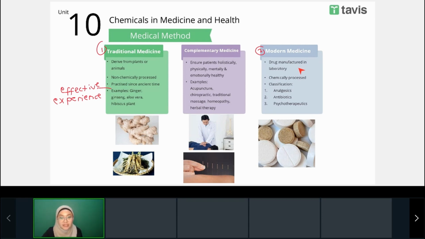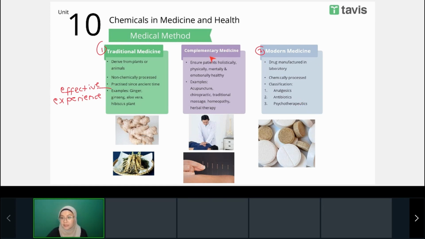Examples of modern medicine could be surgery, or medicines such as analgesics, antibiotics, and psychotherapeutic drugs. Yesterday we learned about types of drugs: inhalant, hallucinogen, stimulant. Any type of drug that undergoes a chemical process we call modern medicine.